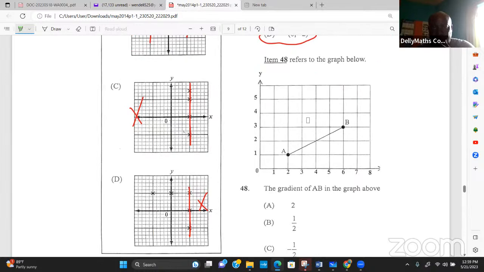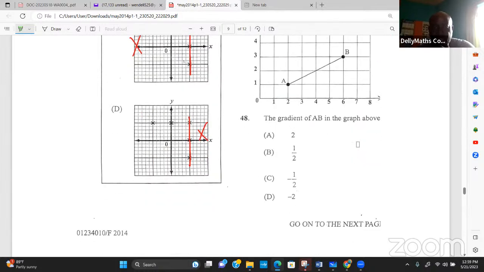All right, next question. They're asking us to find the gradient of AB. So we're not going to calculate this. When you're looking at this, we always say, if I can mark off a proper right angle triangle, I'm going to highlight both for you. Look, this is a nice right angle triangle here. The vertical side is 1 and the horizontal side is 2. I'm seeing that the gradient is 1 over 2. All right.